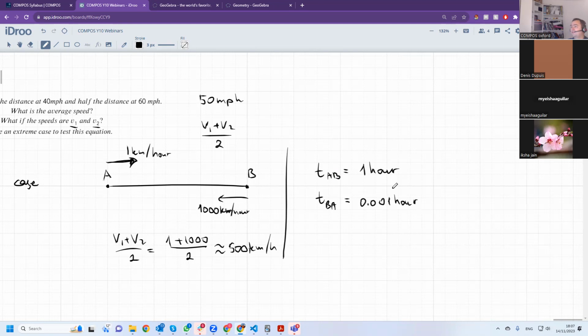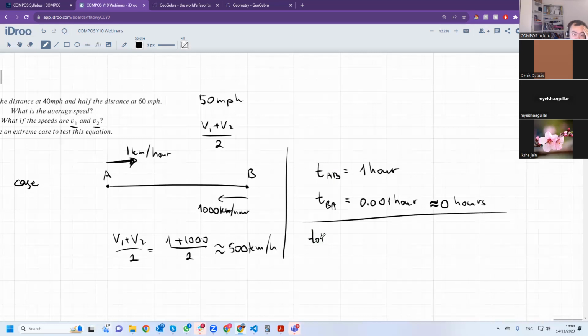You might as well just say that it takes you approximately 0 hours. We are doing an extreme case, and I'm rounding 0.001 hours to 0 hours. Doesn't really make much of a difference.